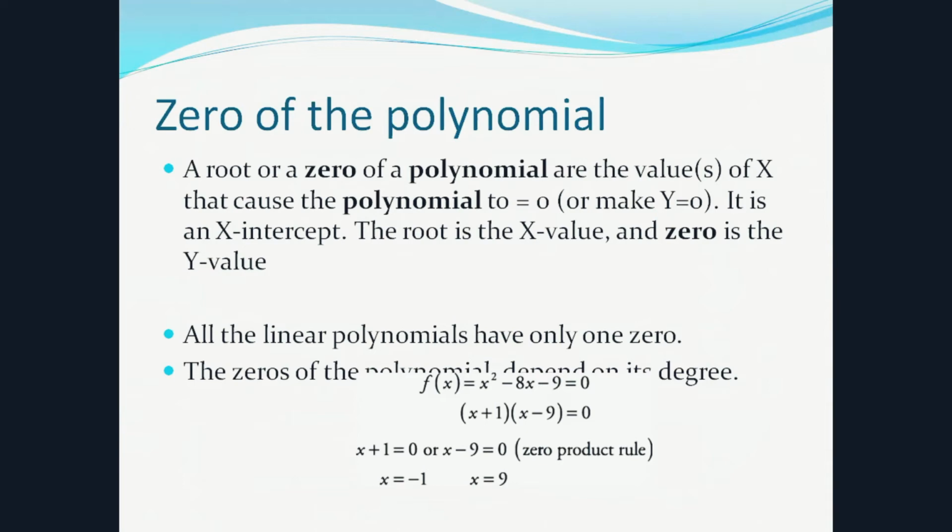We will find two factors, x plus 1 and x minus 9. We will put both those factors equal to 0. So we find that x is equal to minus 1 and the other x is equal to 9. Both of these values of x, which are -1 and 9, are the zeros of the given algebraic expression respectively.